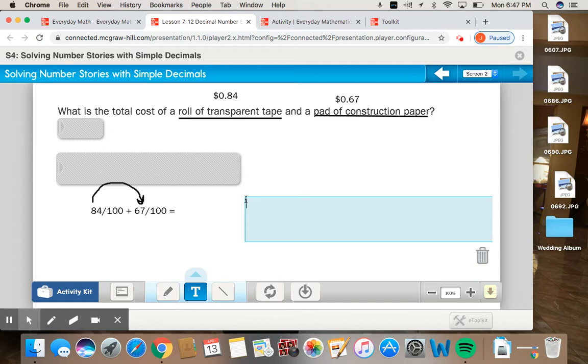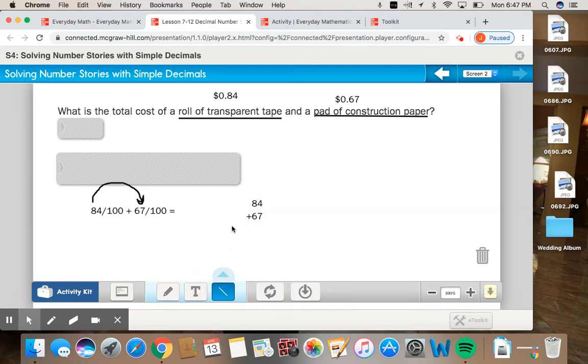Let's see. 84 plus 67, and let's see what I get when I add these two numbers together. 7 plus 4, I know, is 11, because 7 plus 3 equals 10, and I'm just adding one more.